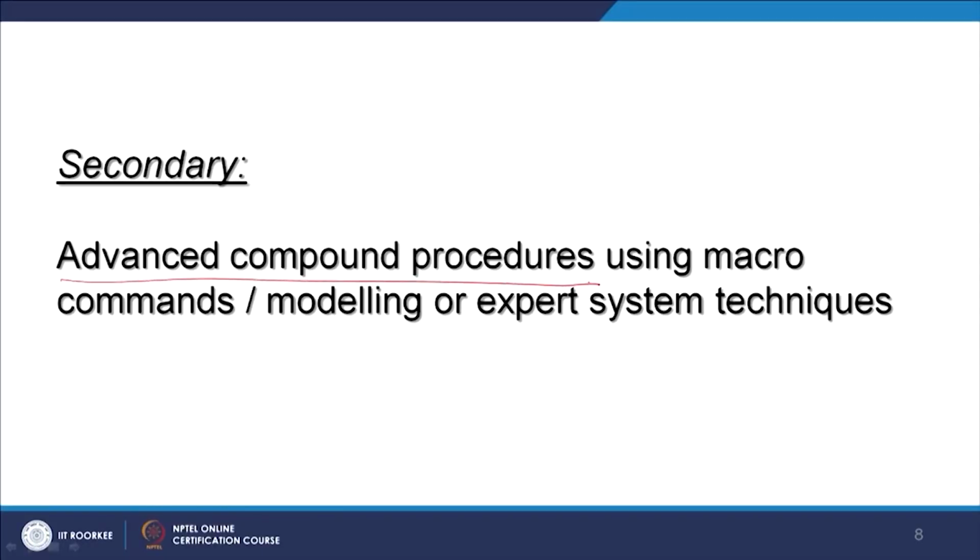Once the database is ready, we may perform some secondary operations, and what are those? They are the advanced compound procedures. Sometimes we may use macro commands, modeling, or expert system techniques. It depends on our requirements, because what we have after installation of GIS on hardware is a system without any data.